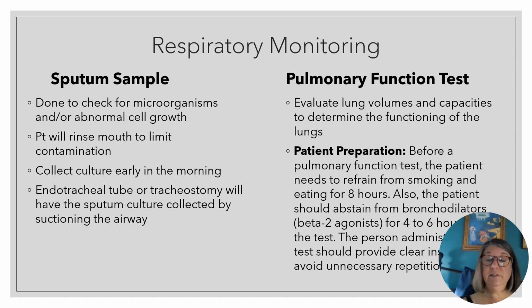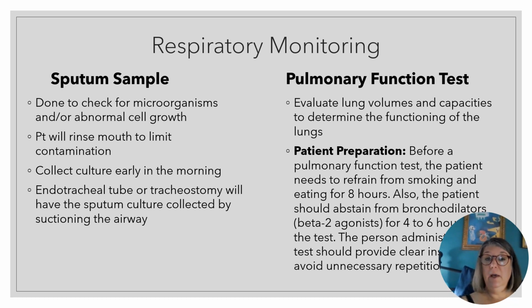Nursing implications: patients who require suctioning for collection of a sputum sample, we may have to hyperoxygenate them before we suction. And this is going to depend on how well they're breathing on their own, right? If your person is on a ventilator, you just push a button, hyperoxygenate, wait a few seconds, and then collect your sputum sample.